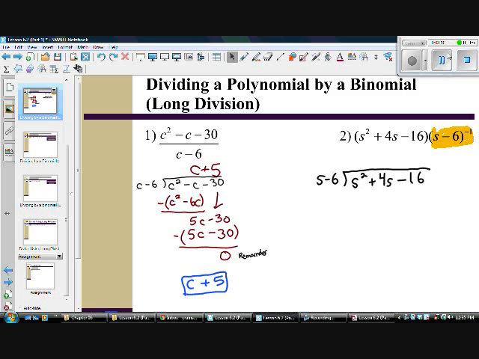And so we end up doing the same thing, following the same algorithm from this point. We see we have two terms, s minus 6, so go over two terms. So our first answer is going to be written above the 4s. And then we look at what do you multiply s by to get s squared, and that would be s.